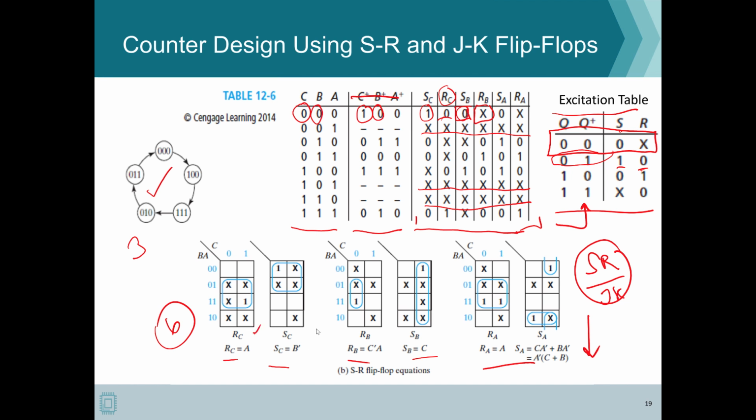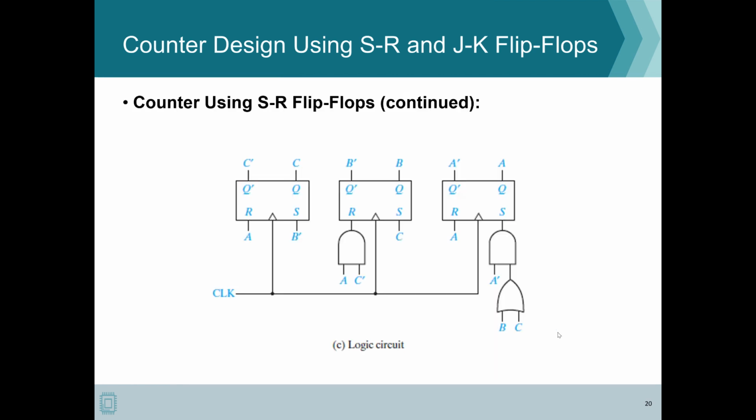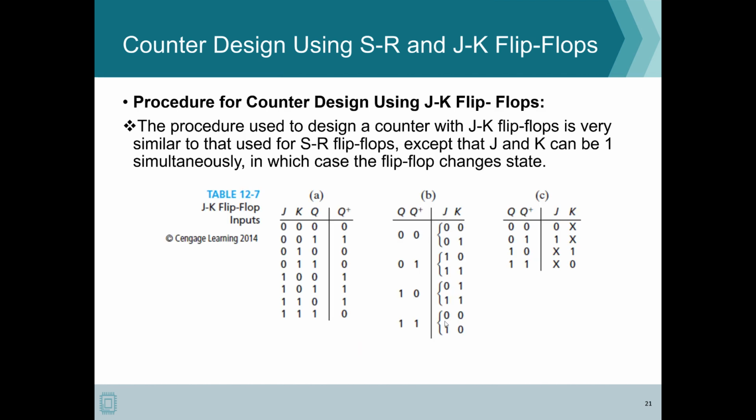So here are your K-maps and the respective expressions for your SR flip-flop. And here you can see is the exact same implementation, but using an SR flip-flop, so your gates are really small.